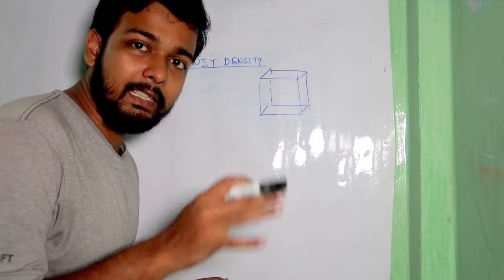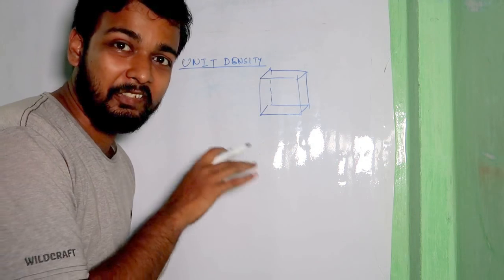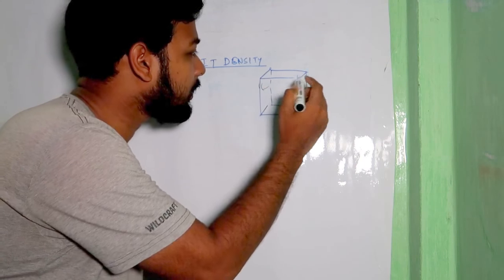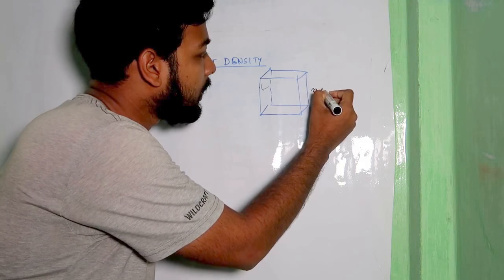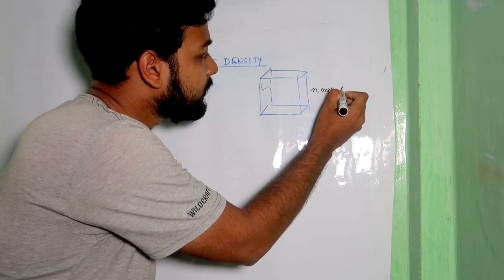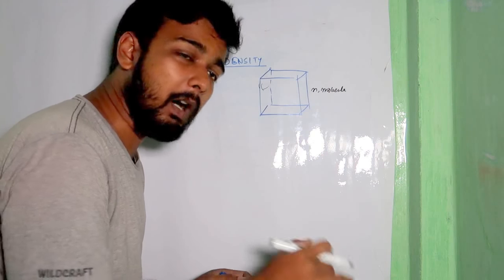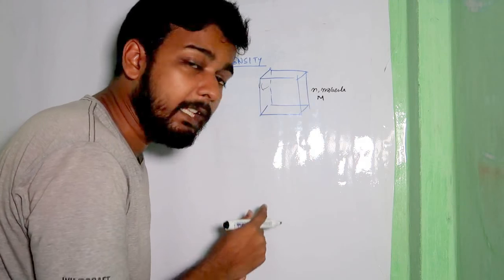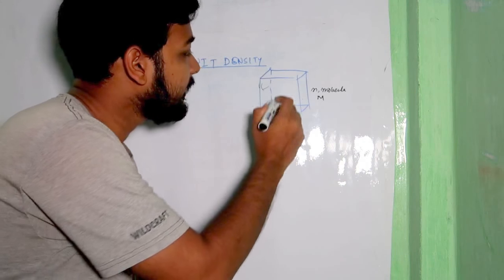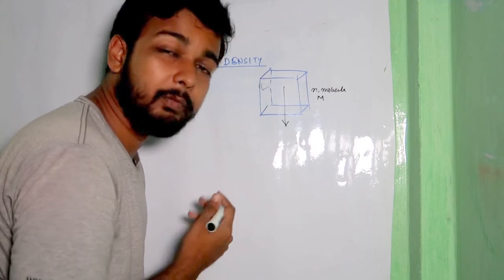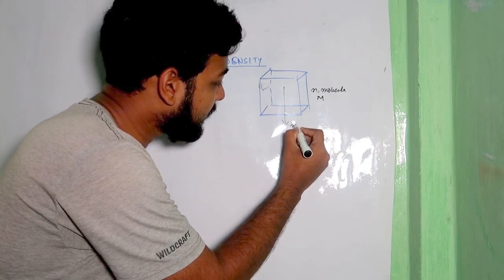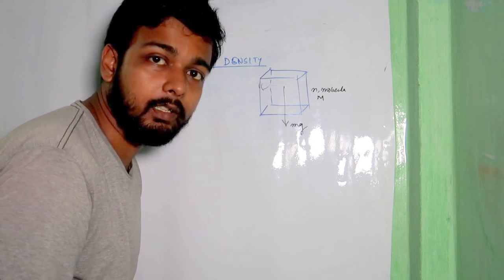In this picture, in this cube, there should be a large number n of molecules, and if their whole mass is m, then due to gravity there is a downward force mg due to weight.